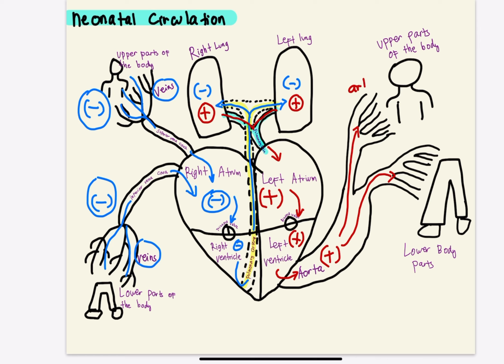Ang tawag po natin sa daanan naman ng mga oxygenated blood is the artery. Okay? So when they reach the upper and lower parts of the body, this oxygenated blood will become consumed. At anong mangyayari? They will now become unoxygenated. And then the cycle goes on and on. So that is the neonatal circulation.